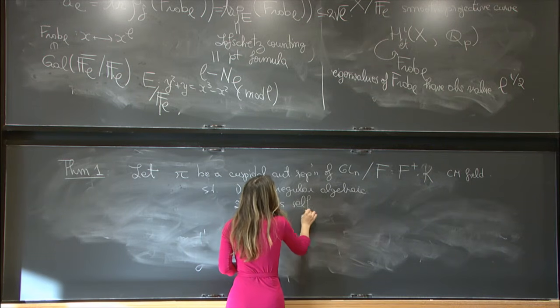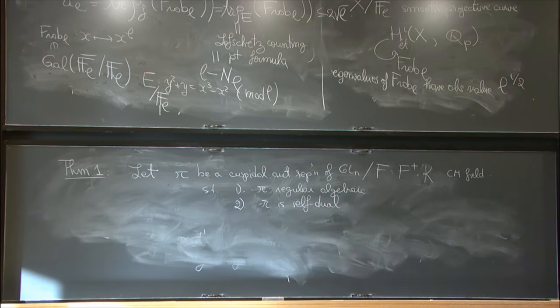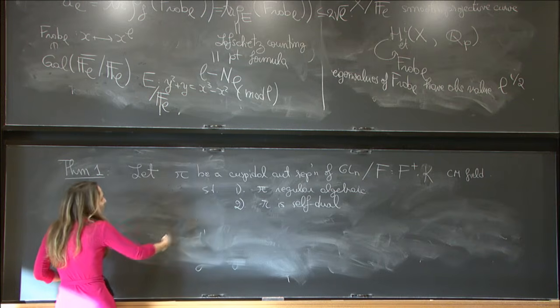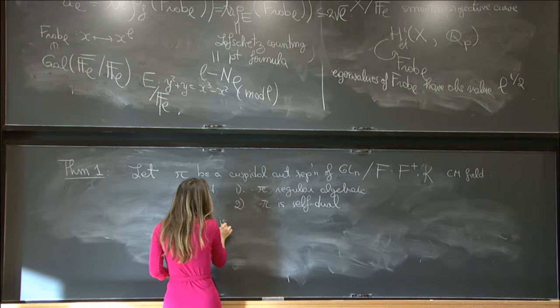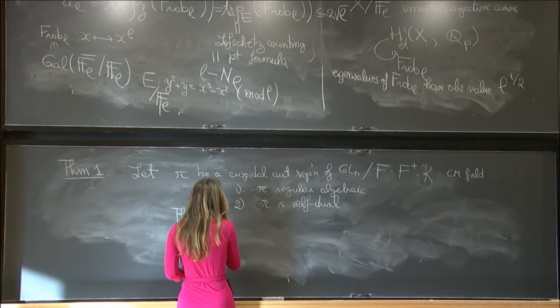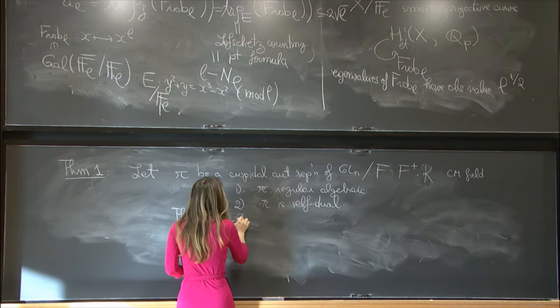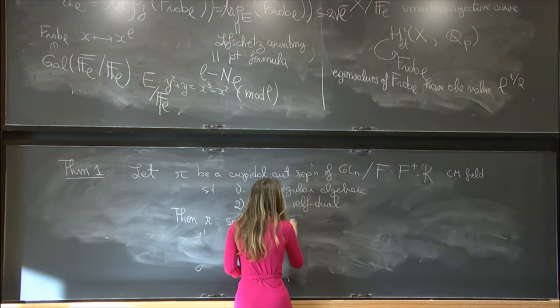If it has this sort of extra symmetry, then you can relate it to an automorphic representation coming from a unitary group, and you can relate it to a Shimura variety, so the world of algebraic geometry, where you have access to étale cohomology and the Weil conjectures. Under these conditions, you know that pi satisfies the analog of the Ramanujan-Petersson conjecture. Pi satisfies the Ramanujan-Petersson conjecture at all finite places.